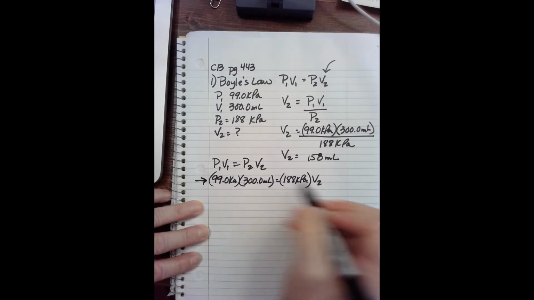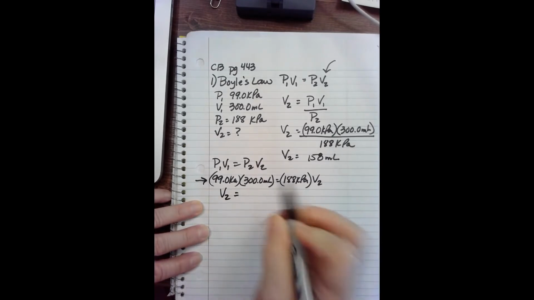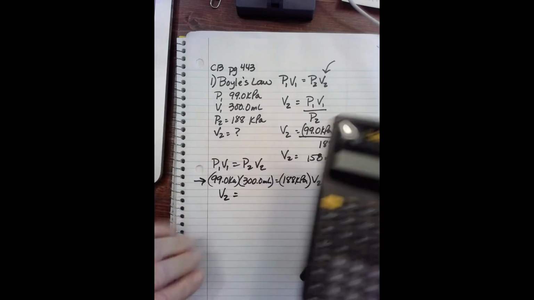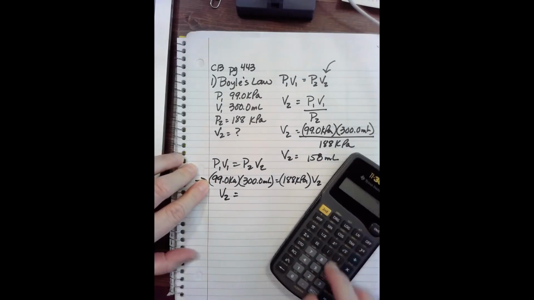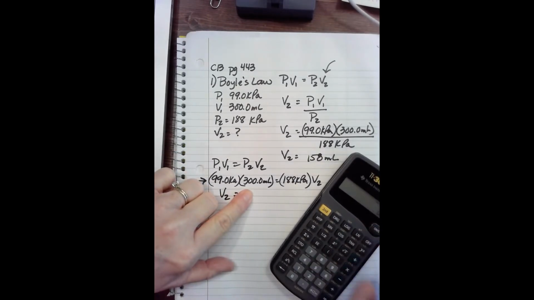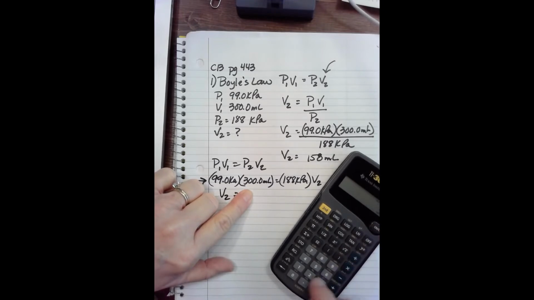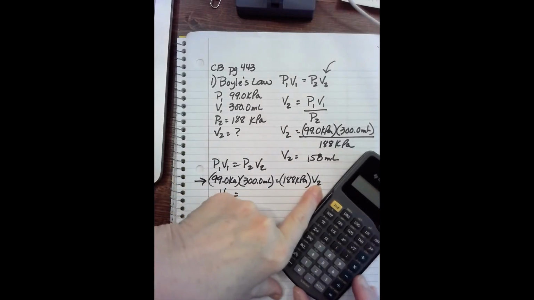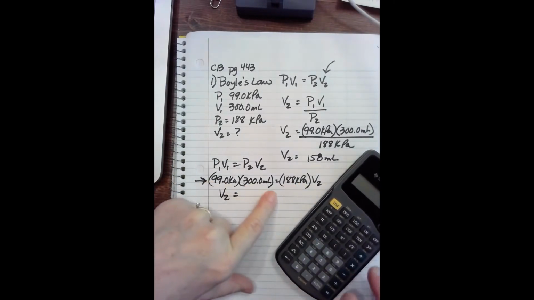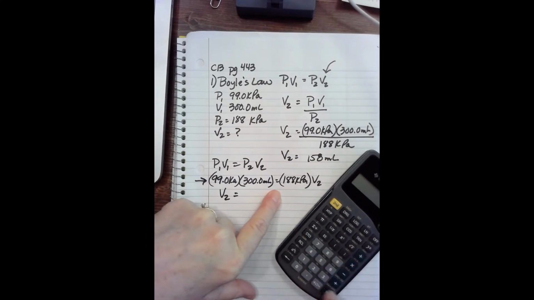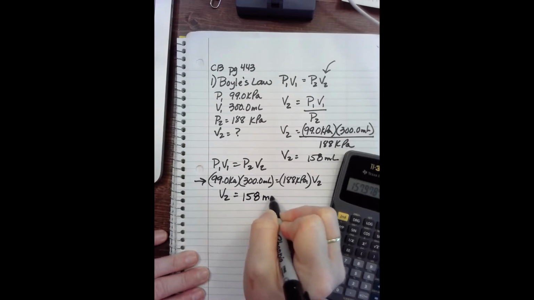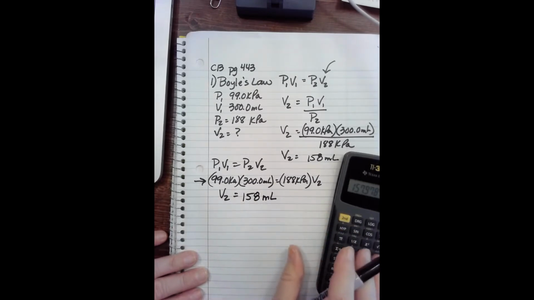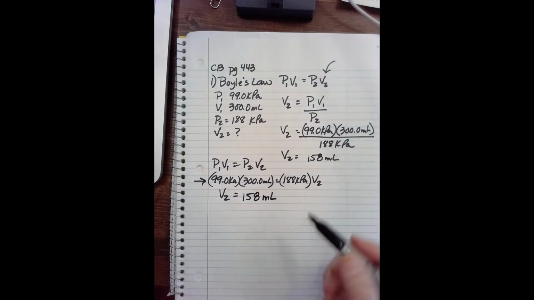So then we would answer, and we know we can flip this around anyway, so then we would write V2 equals, and again, the math would be 99 times 300. And since this is connected to the unknown, it's going to become a divisor, divided by 188 equals, and we round for sig figs, 158 milliliters. We have to put the unit because that's our volume unit.